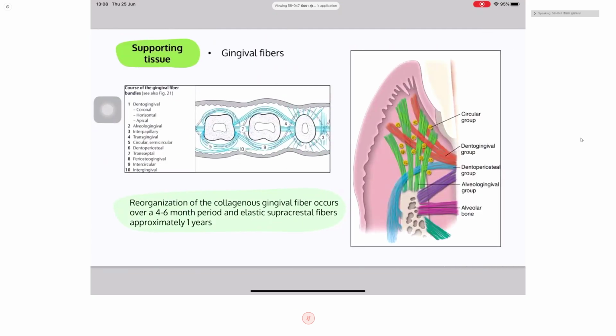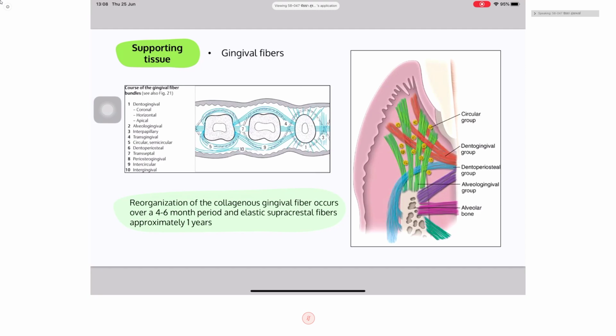Supporting tissue. Gingival fiber networks are also disrupted by orthodontic tooth movement and must remodel to accommodate the new tooth position. Both collagenous and elastic fibers are present in the gingiva.